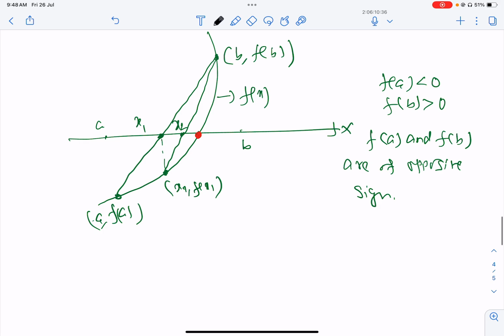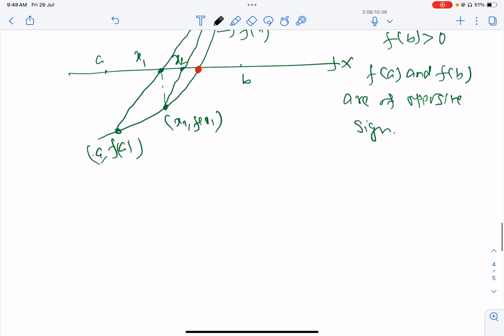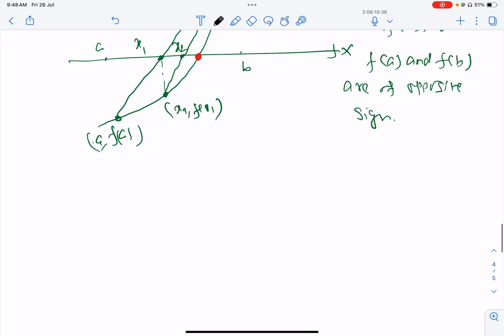So how are we doing these things? We do like this. We have some function f(x), or you can say an equation, and we want to find its root.